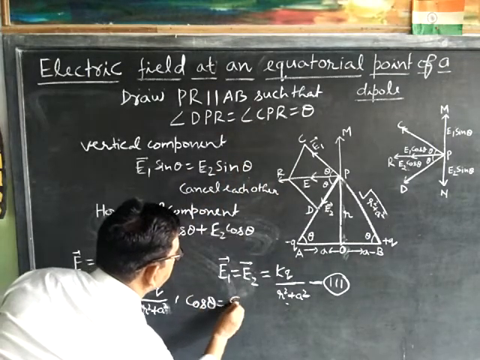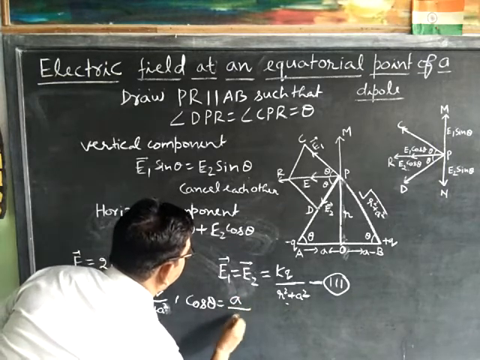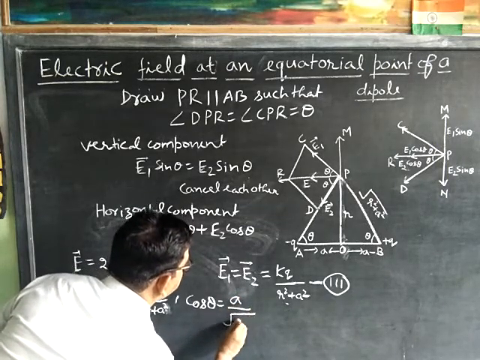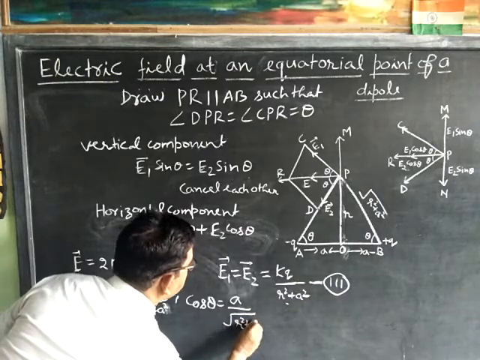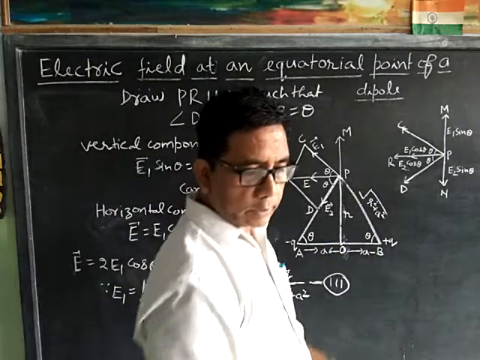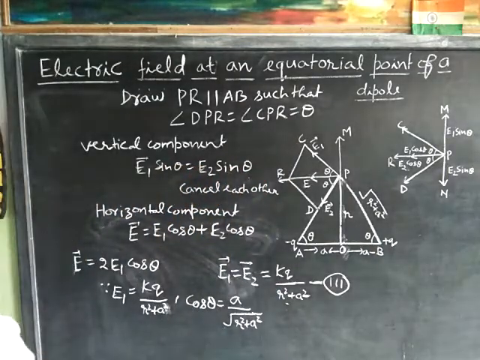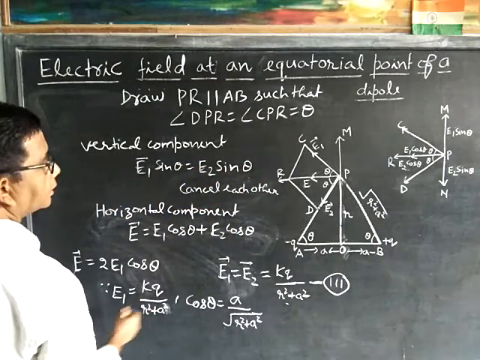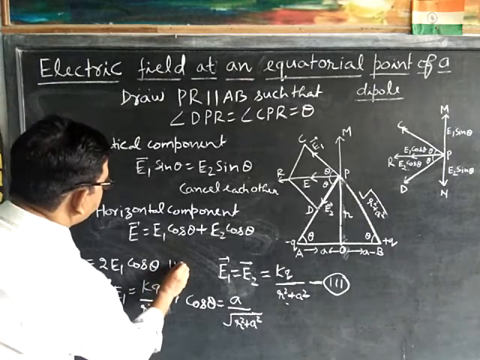Now we will put this value of E1 and cos theta in equation fourth.